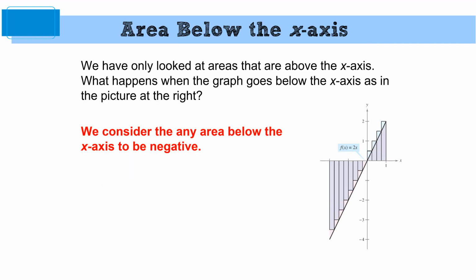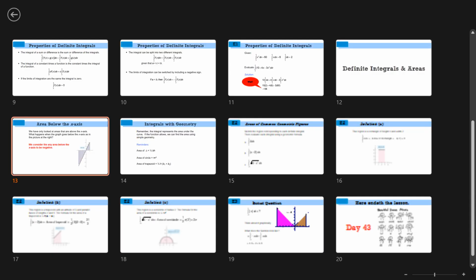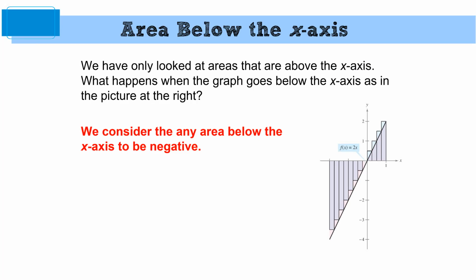So I took this line here, which is 2x, and I used a Riemann sum. And this gives you another idea of the area under the curve. So if I was doing this function, and I asked you to find the definite integral from this starting point of -2 to 1, what can you tell me about the answer?